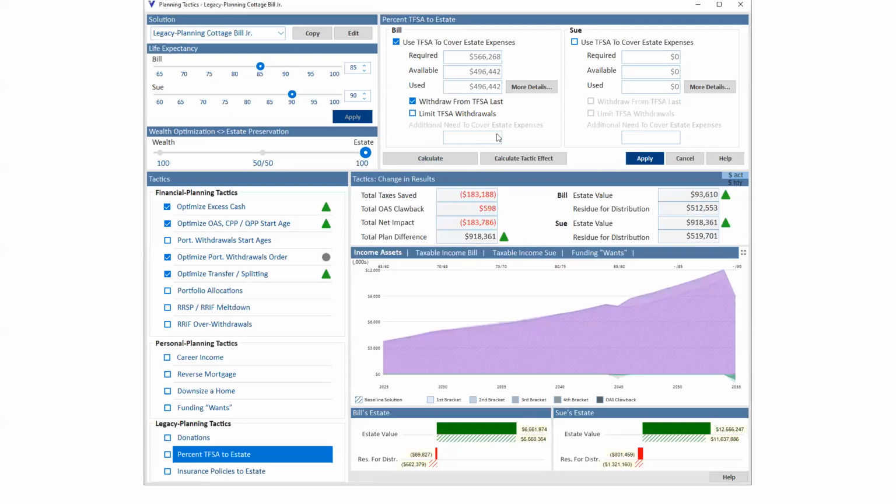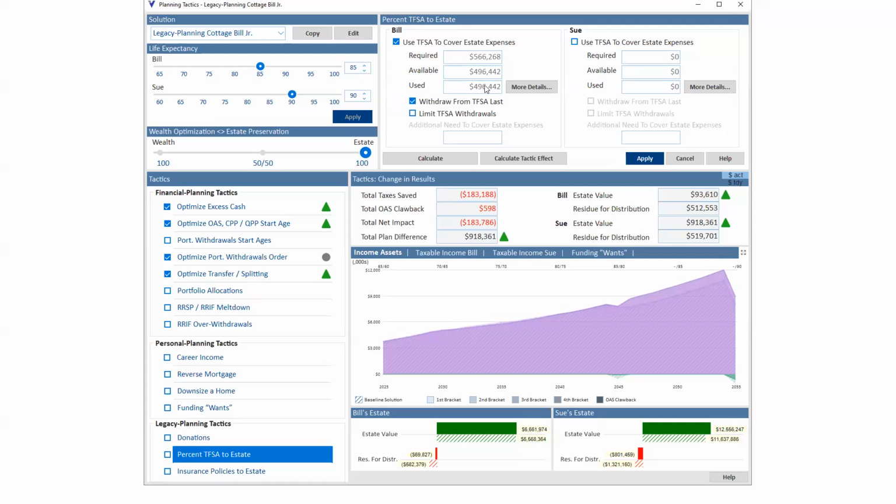And what you can see is that the amount required for Bill is $566,000, and almost the entire value, almost 500, is then going to the estate, providing it with liquidity to pay terminal taxes.